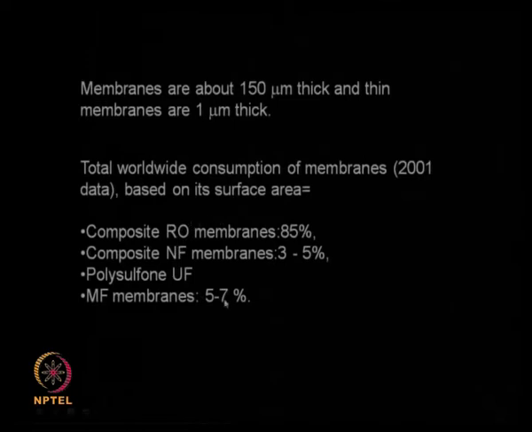So a large number of membranes are used for reverse osmosis. As I had mentioned in the previous class, reverse osmosis is used for desalination of water, removing all the dissolved salts present in water, and the end product is something that is drinkable or potable.